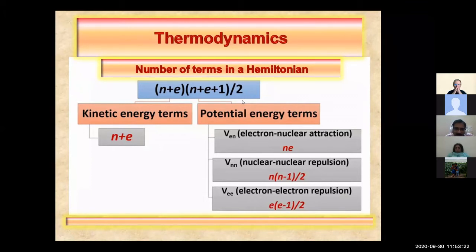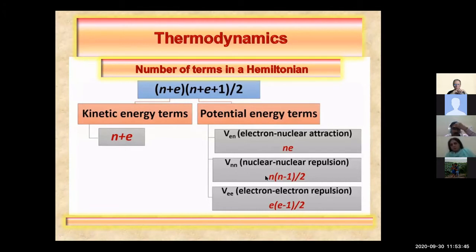Because there are e electrons and n nuclei, in that molecular picture we will have n+e kinetic energy terms, and V_EN, the electron-nuclear attraction terms, which will be n·e in number.